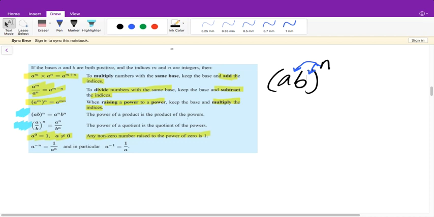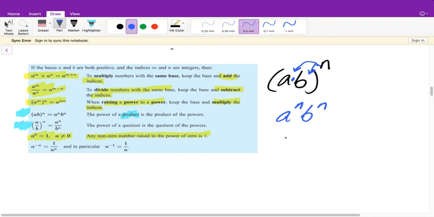It's only when it is the power of a product. There is a mistake that I anticipate a lot of people are going to make as we move on down the year, because everyone does it every single year. But as long as these two numbers are being multiplied together, we can distribute this power in, and it becomes a to the m power times b to the m power.